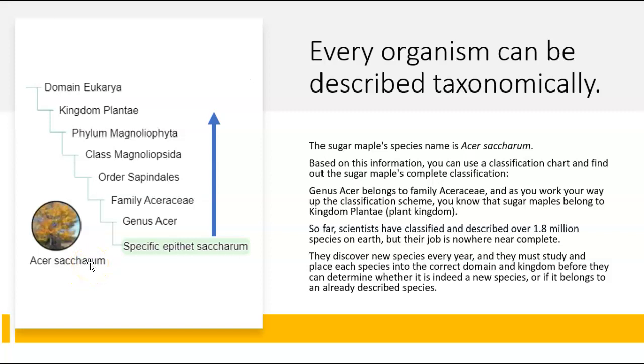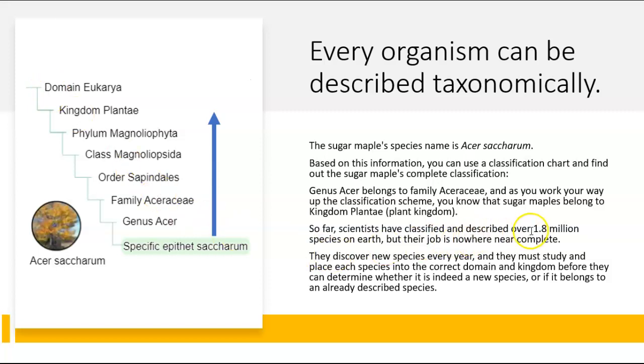And then we can go the opposite direction. We know the genus, it's Acer. We can go up to the family that all in this genus belong to, and then we can find the order, the class, the phylum, the kingdom, the domain. So we can go either direction.